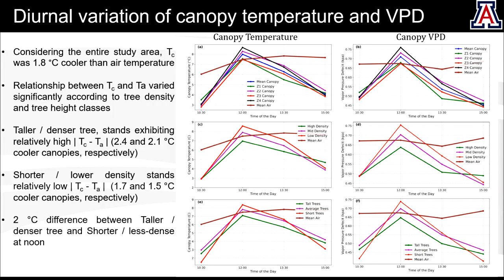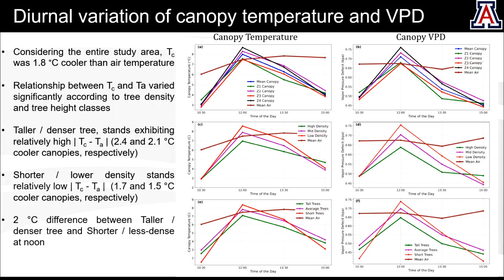The diurnal canopy temperature and canopy vapor pressure deficit from our drone flights are shown here in different zones, different tree density, and different tree height classes. Considering the entire study area, canopy temperature was 1.8 degrees Celsius cooler than air temperature, which is comparable with previous studies.